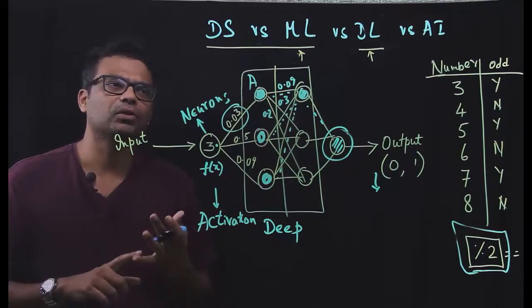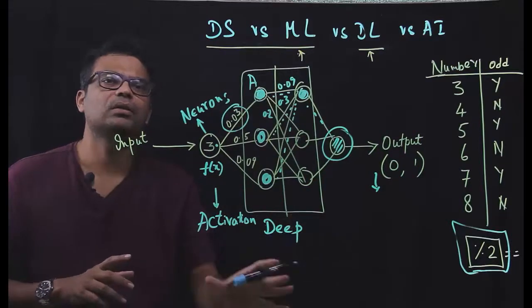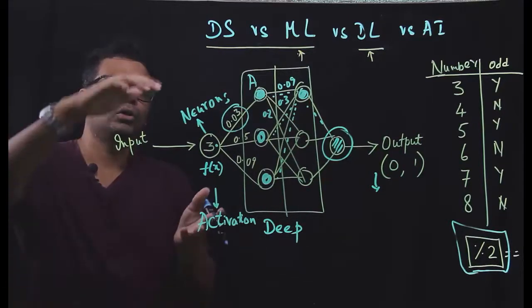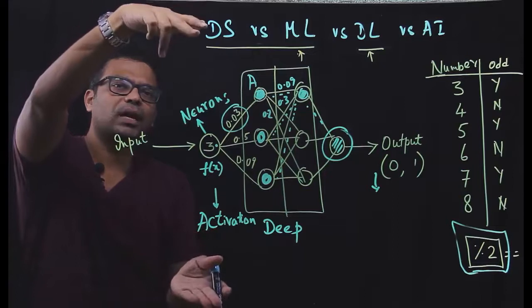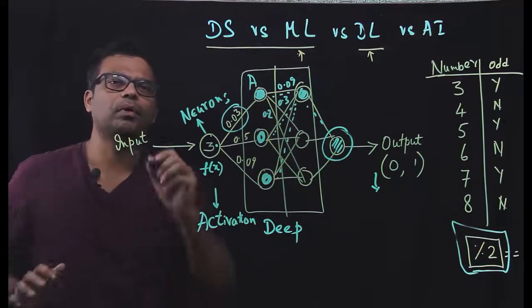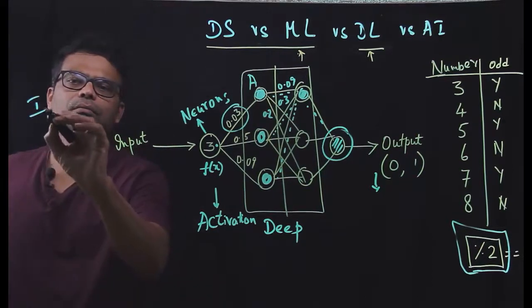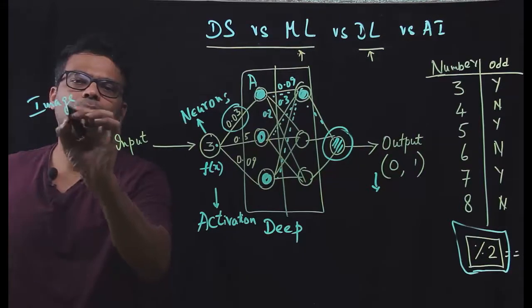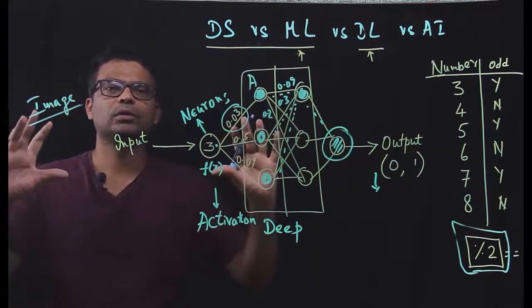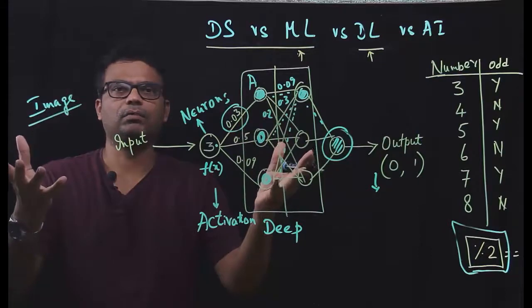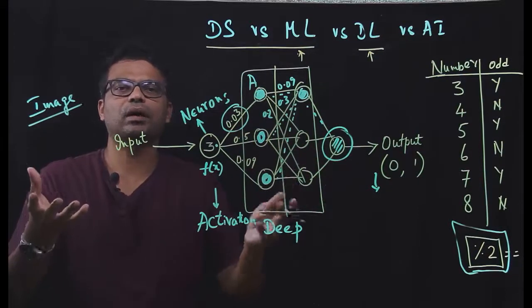The problems that neural networks can solve are not limited to just simple problems like this. Image classification can be done using a similar set of networks. The only thing is, the size is going to be very big. For example, take a simple image in a Tesla car, because we know that's a good example of a self-driving car.